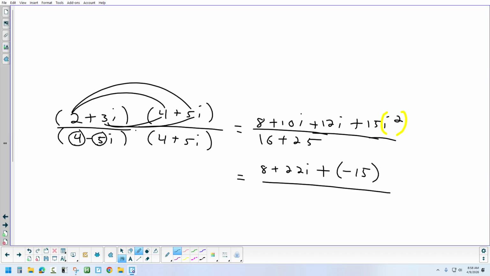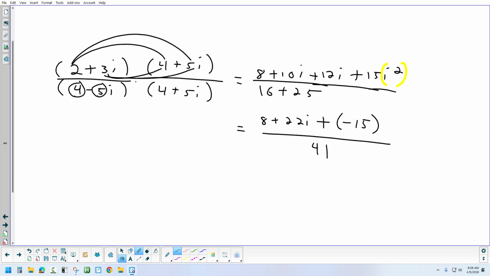And in the bottom, we can combine like terms. 16 and 25 gives me 41. All right, and now that I changed the i squared, I have more like terms I can combine. I have 8 minus 15. Negative 7. So that's negative 7 plus 22i over 41.